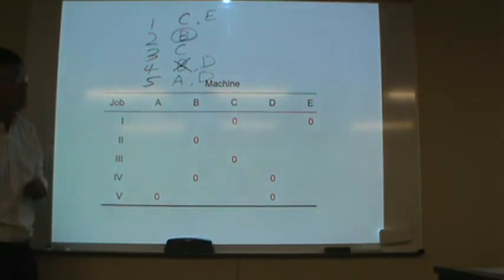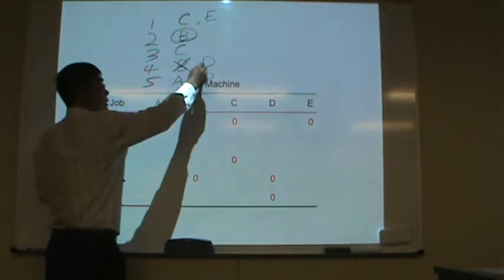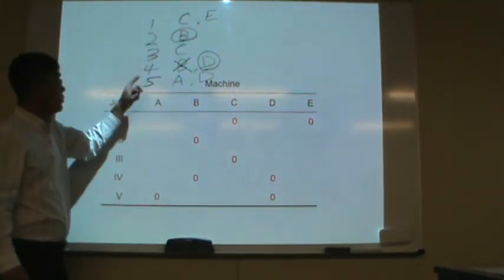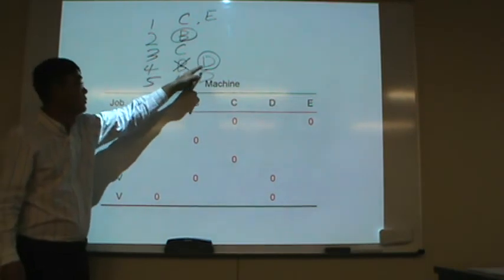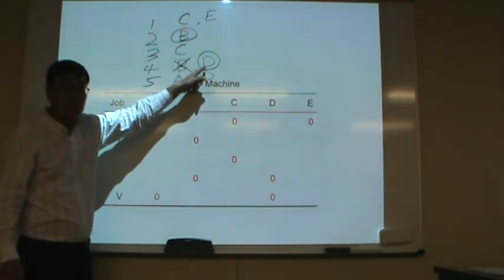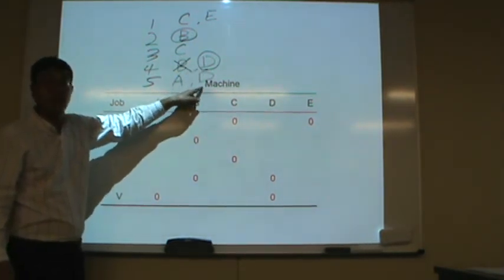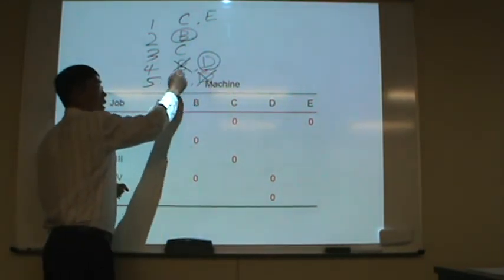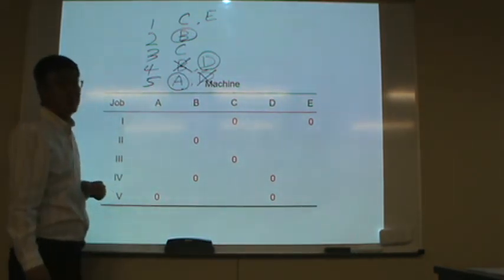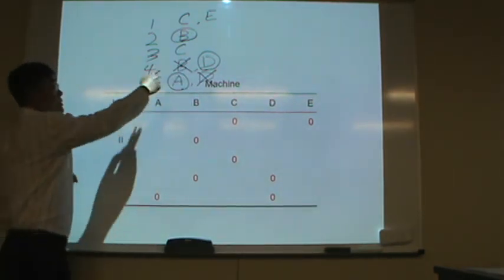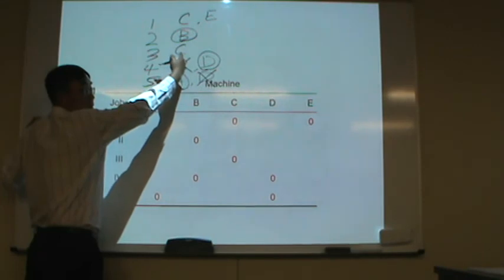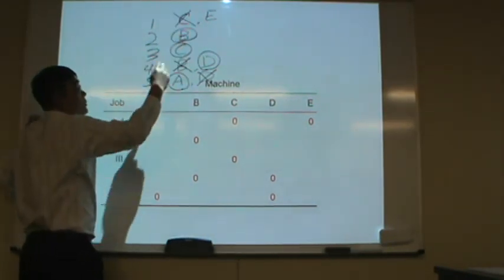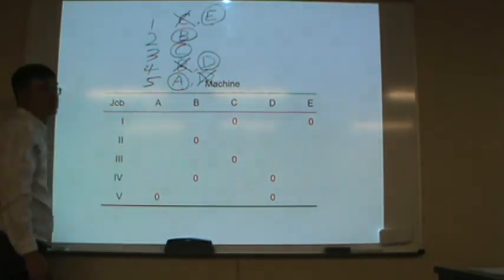Cross out, then assign this one. If we assign job 4 to D, then A is not available, cross out. Now only one available, assign.